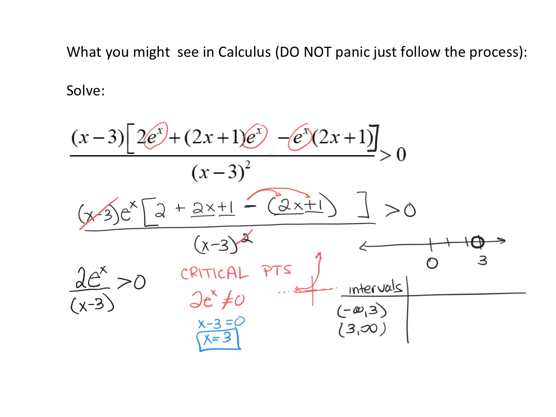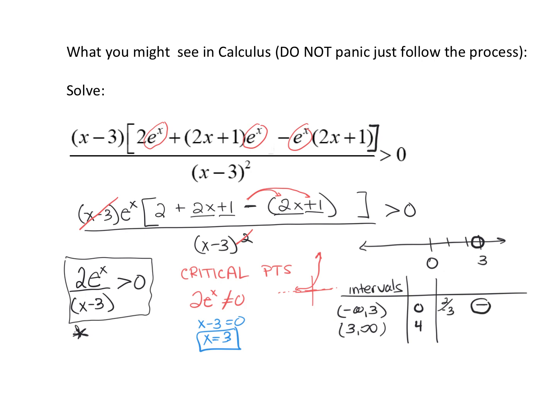I can test 0 and 4, for example. And I can plug it into the original, or I could plug it into this simplified if I'm confident I haven't made any errors. So I'm going to plug it in this one just for ease. So if I plug in 0, I'll get 2 times e to the 0, which is 2, and 0 minus 3 is negative 3.